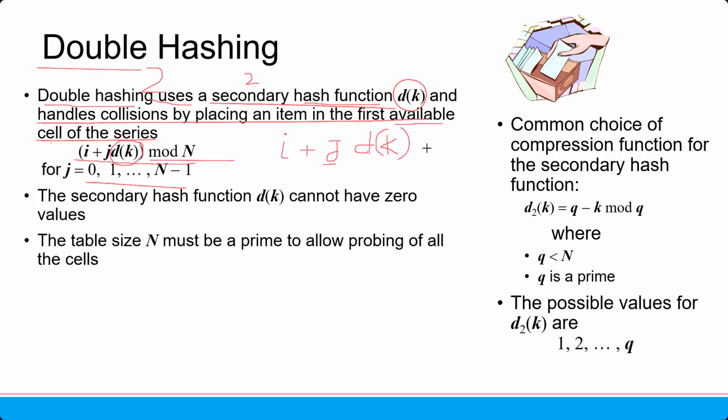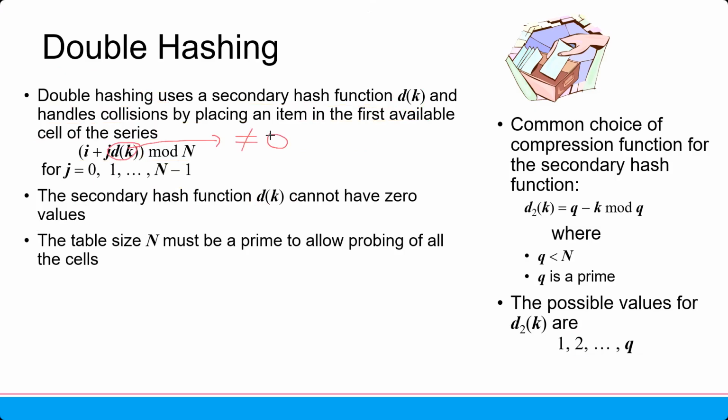And we have another modulus, mod n. So the secondary hash function d(k) cannot have zero values. It should not be zero.